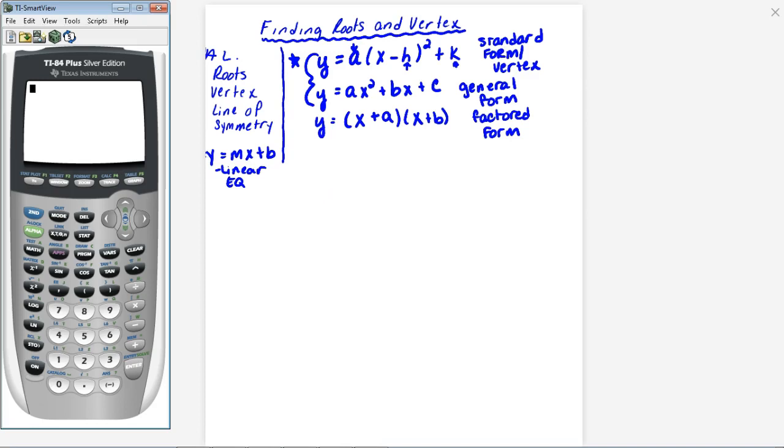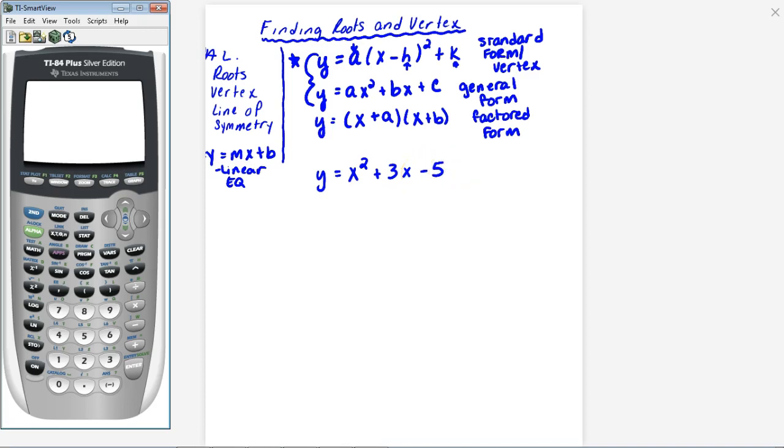Alright, so I'm going to give you an equation in general form, and let's put it in our calculator. You're going to put it in y equals, in y1. And the general form is going to be y equals x squared plus 3x minus 5.